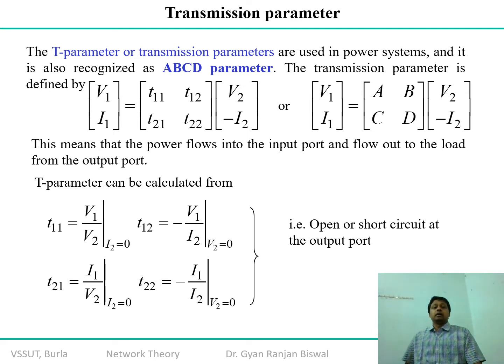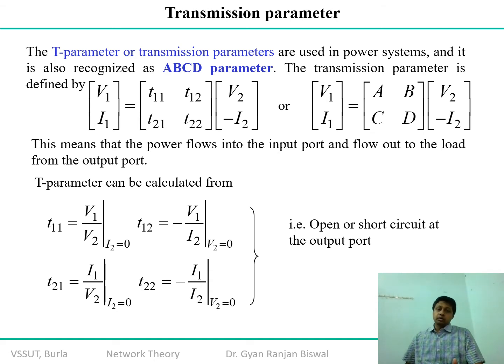Where in that case A is what? It is again a voltage gain, or a voltage transfer ratio, but in reverse order. Remember, V1 is the numerator and V2 is the denominator, so you are again moving in the reverse direction. So it is a reverse voltage gain, or the voltage transfer ratio, considering the output terminal open.